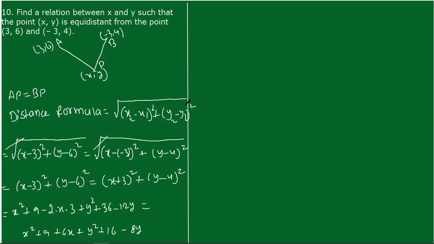Let's try to minimize it. x square plus 9, here 2 into x into 3 is minus 6x, and y square plus 36 minus 12y is equal to x square plus 9 plus 6x plus y square plus 16 minus 8y. Let's see if any cancellation is possible.